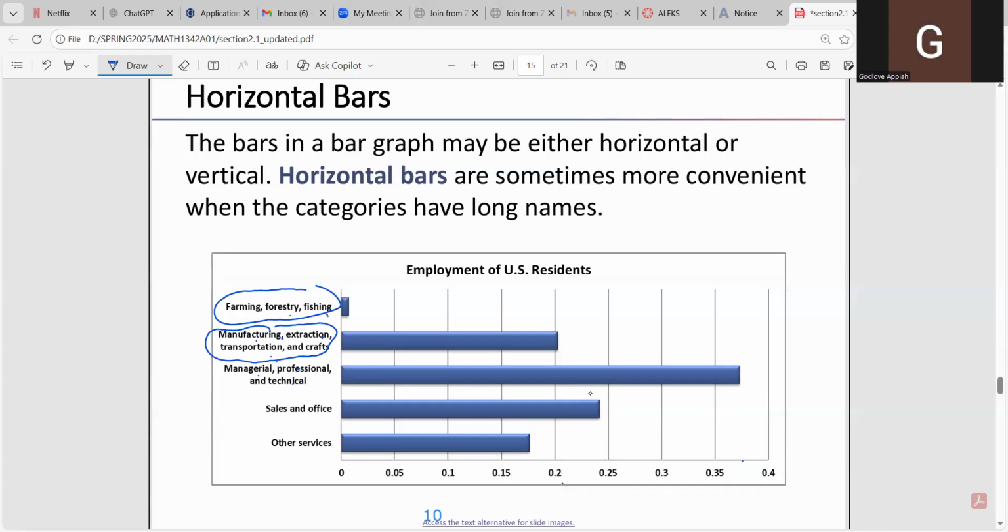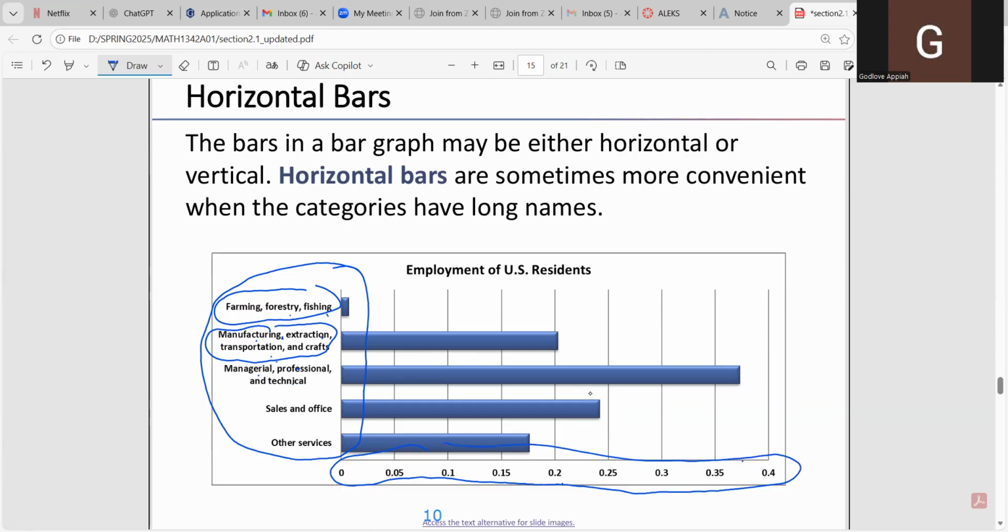In a horizontal bar graph, instead of looking at the height, we're looking at the length of each rectangle. One key difference that I want you to note here is that in a horizontal bar graph, the different categories are on the vertical axis, and the frequencies or relative frequencies are on the horizontal axis, unlike vertical bar graphs.